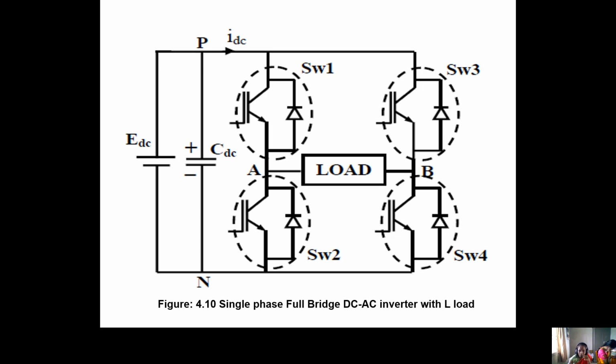Here the input will be EDC and here we have capacitor CDC. Here SW1 and SW3, SW4 and SW2 will be there. So here the load will be connected. So the current flowing will be IDC.